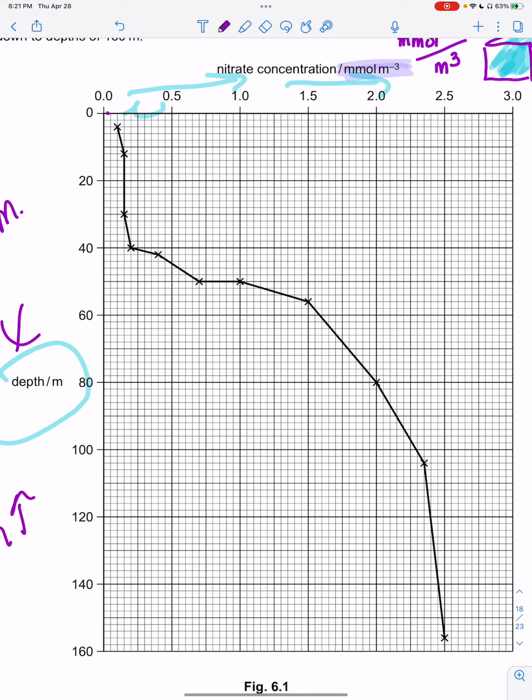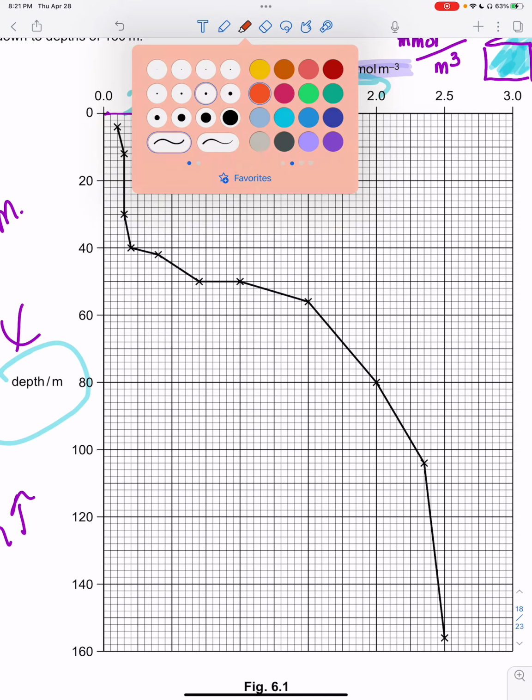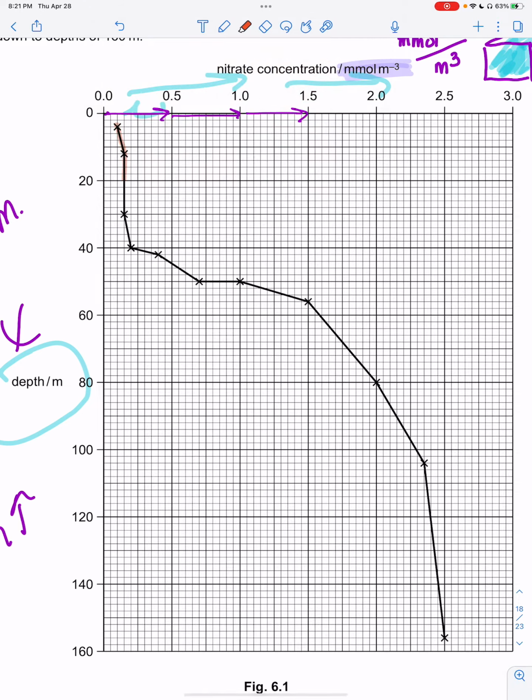When it's increasing, it's not depth, it's nitrate ion, going in this direction. Right here, that's the slowest increase.